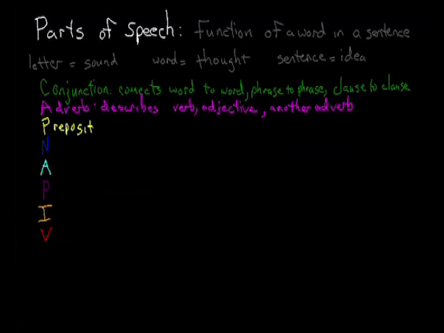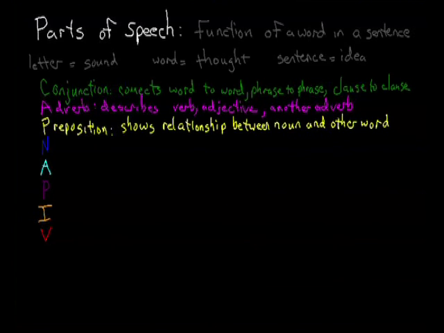The P stands for preposition, and prepositions show relationship between a noun and other words in the sentence. This part of speech will always function in a phrase. So you will have a prepositional phrase.